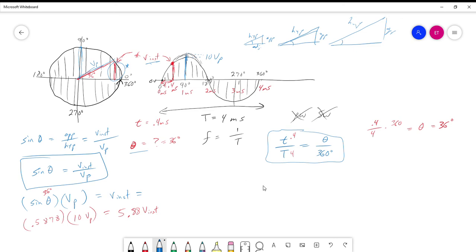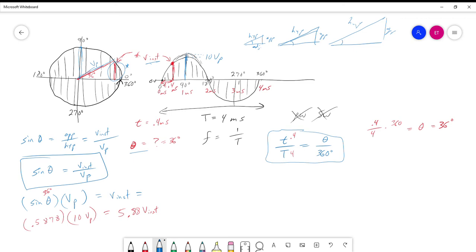Let's see what other parameters we need for the sine wave. Average and RMS, we can talk about those. Sine waves can have offset. We will probably not be getting into much of that.